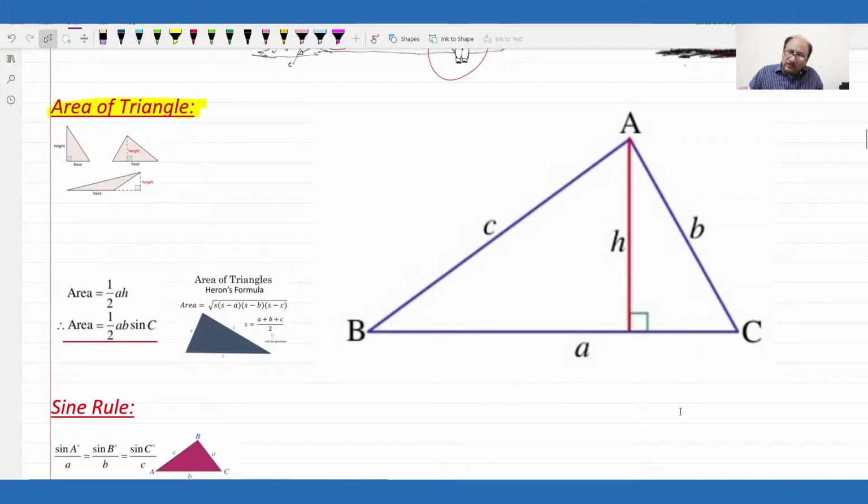Again this will be the height, the perpendicular height we will be using. Sometimes they give us the angle. For example, the perpendicular height is not given, but they give us this angle and these two sides.